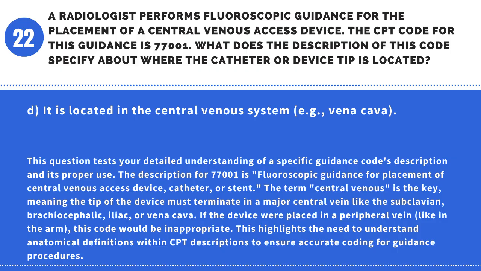The term central venous is the key, meaning the tip of the device must terminate in a major central vein like the subclavian, brachiocephalic, iliac, or vena cava. If the device were placed in a peripheral vein, like in the arm, this code would be inappropriate. This highlights the need to understand anatomical definitions within CPT descriptions to ensure accurate coding for guidance procedures.